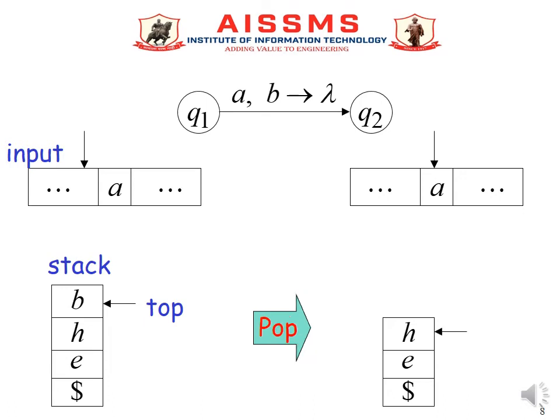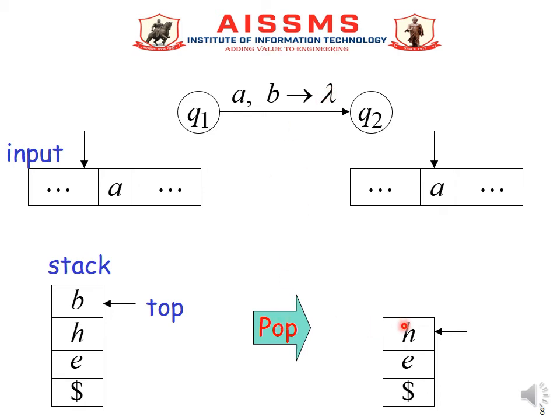Now, let us understand the pop operation. A is my current input in the input tape. B is at the top of the stack. Here lambda indicates the empty symbol, that is, nothing to be pushed; we are only going to carry out the pop operation.